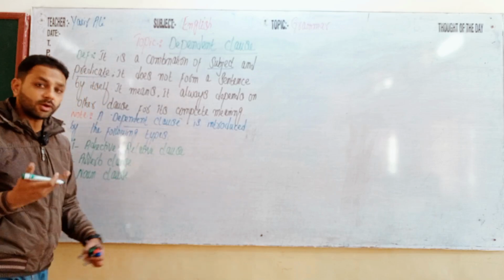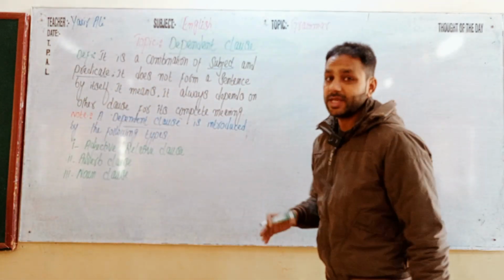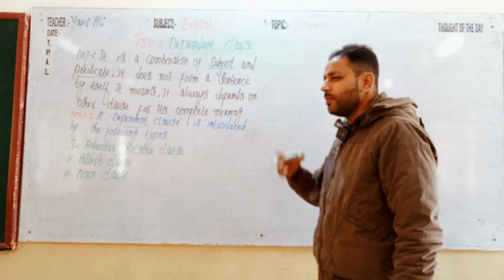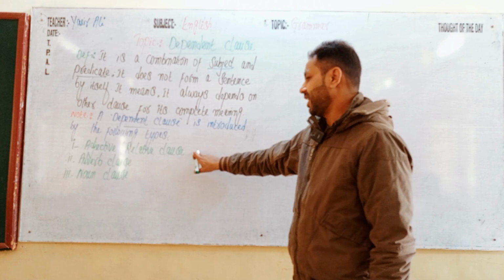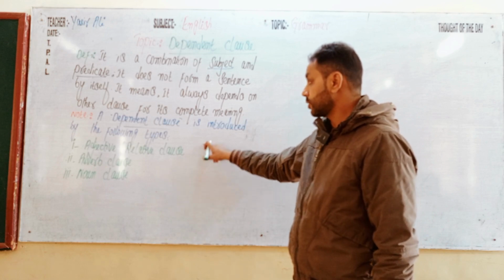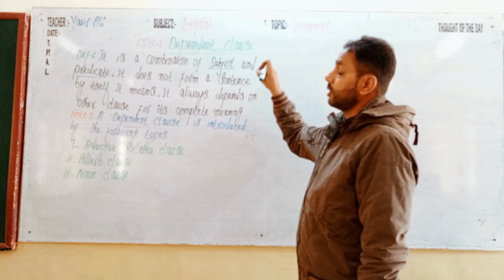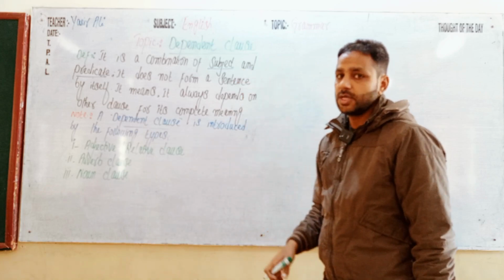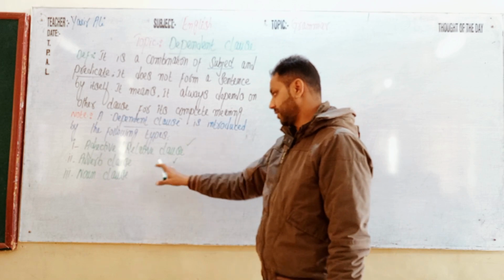These all clauses have got their own types. So if you have knowledge about a dependent clause, it will be a bit easy for you to get information about these clauses, because if somebody is not having knowledge about the dependent clause, he or she will definitely be facing problems in comprehending these things.